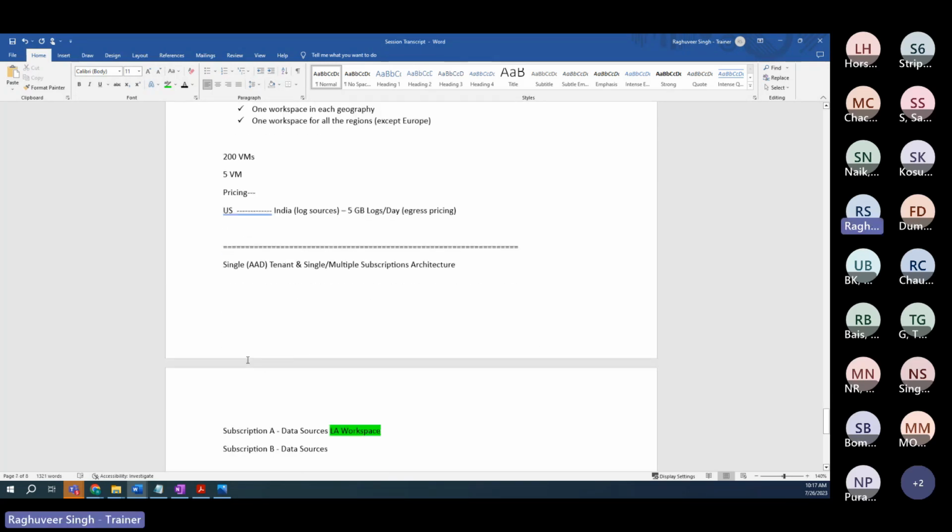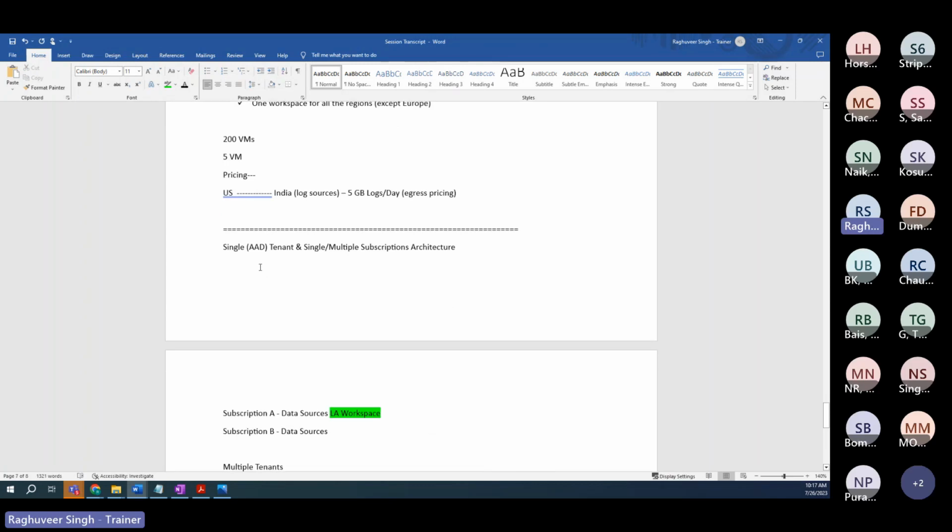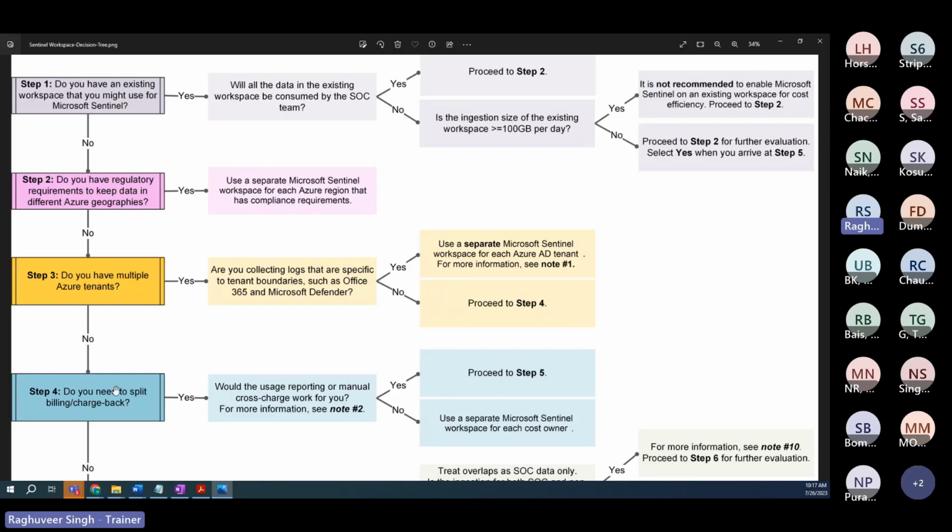Okay. So we are done with the third stage, which is to decide whether I have a single tenant or multiple tenant architecture. Okay. Then comes my fourth step, which is the most important part, which is money. Billing.